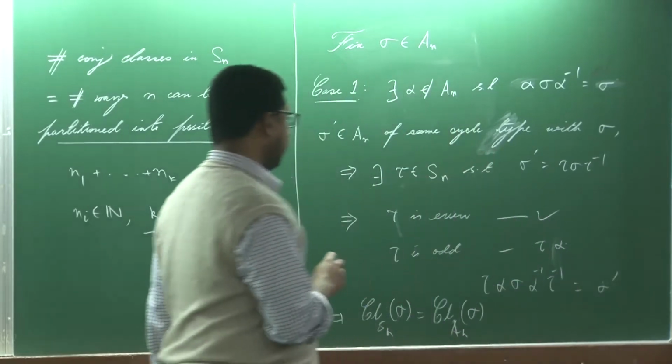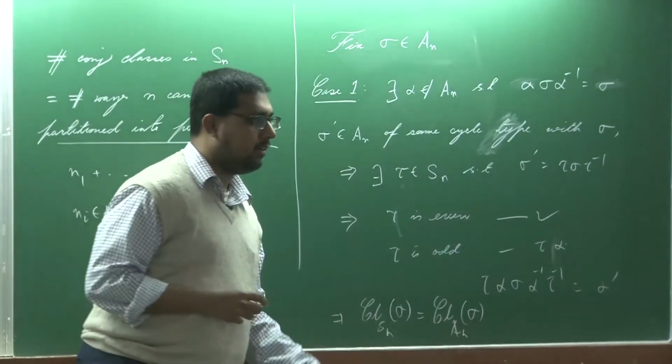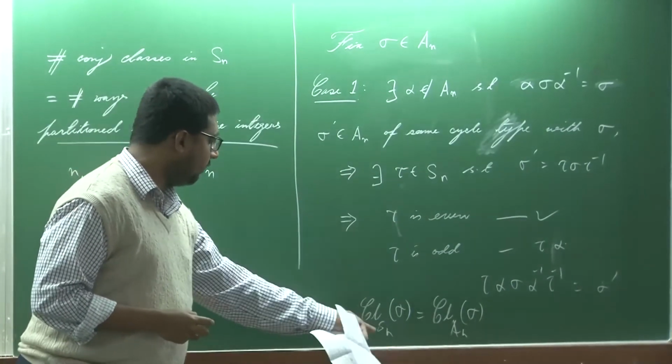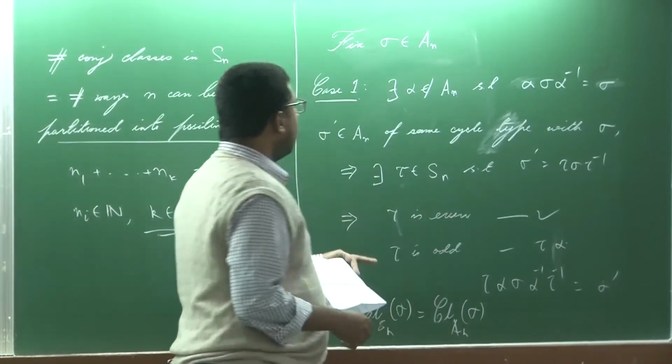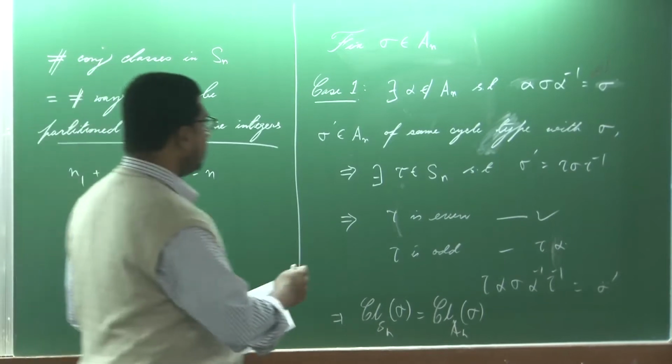That is what we have seen. Of course, if sigma is even, then any conjugate of it must be an even permutation, that is quite clear.